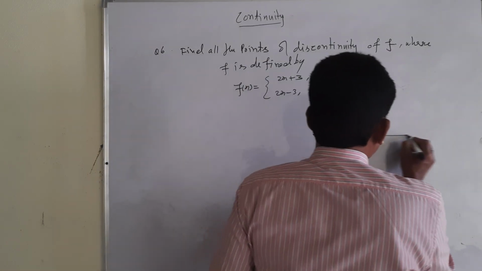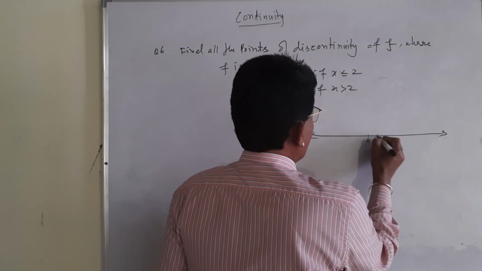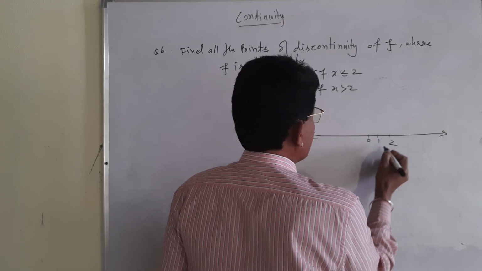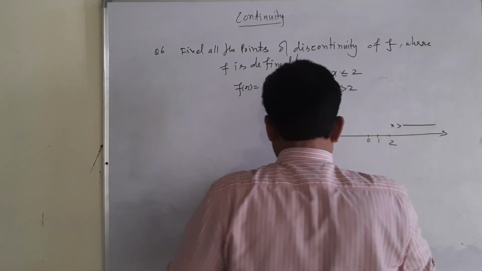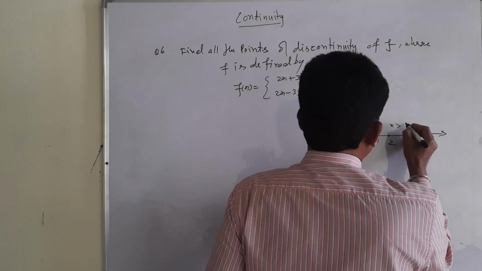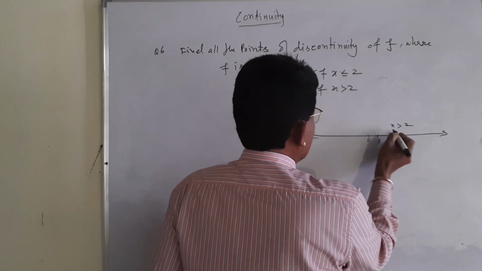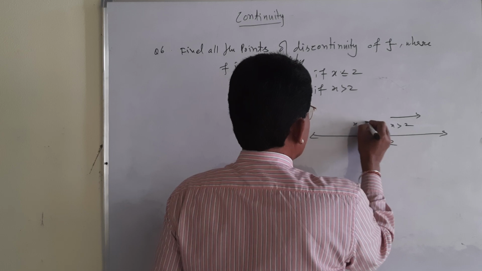Try to understand. This is a number line: 0, 1, 2. Here, if you take x greater than 2, it will be this side, and on this side x is less than 2.